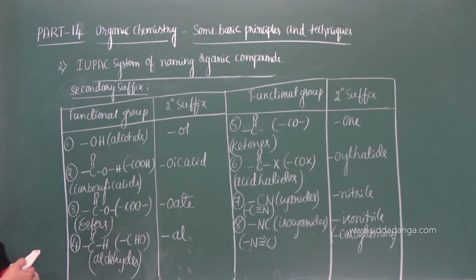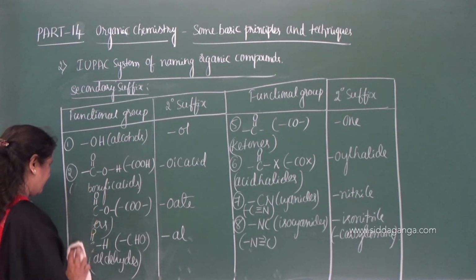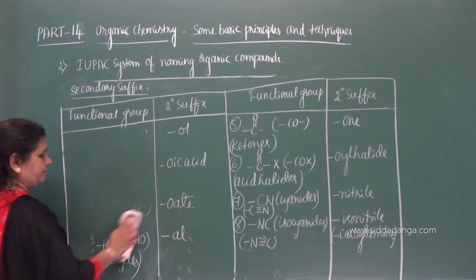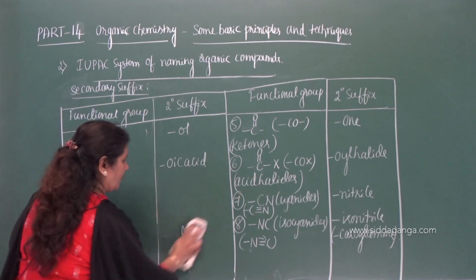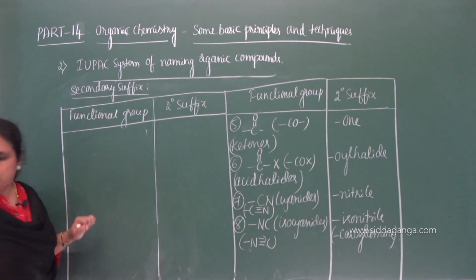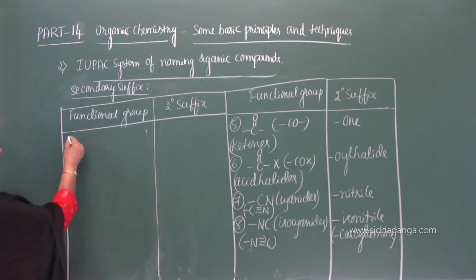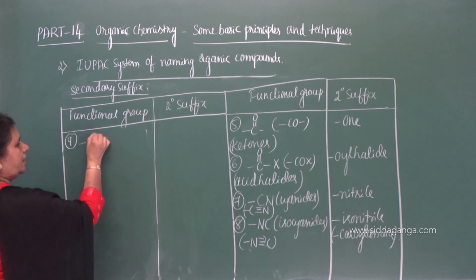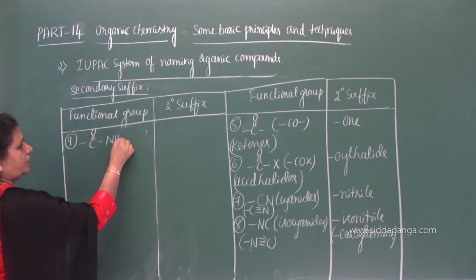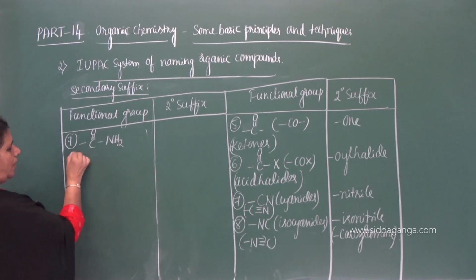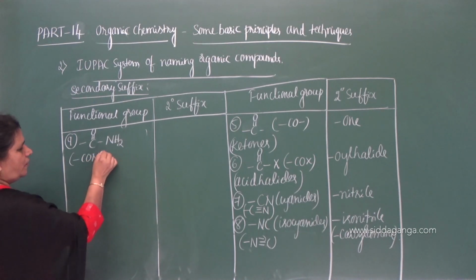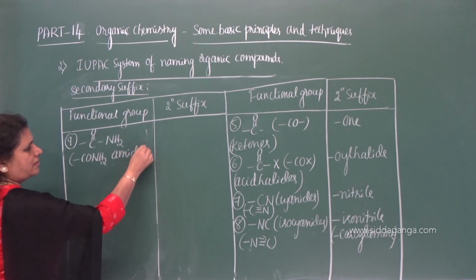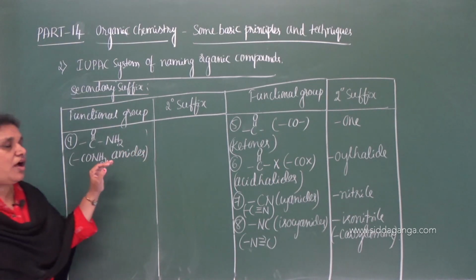Now let me give the next one here. So the next one, if it is C double bond O NH2, or you can write it as CONH2, this functional group belongs to amides.